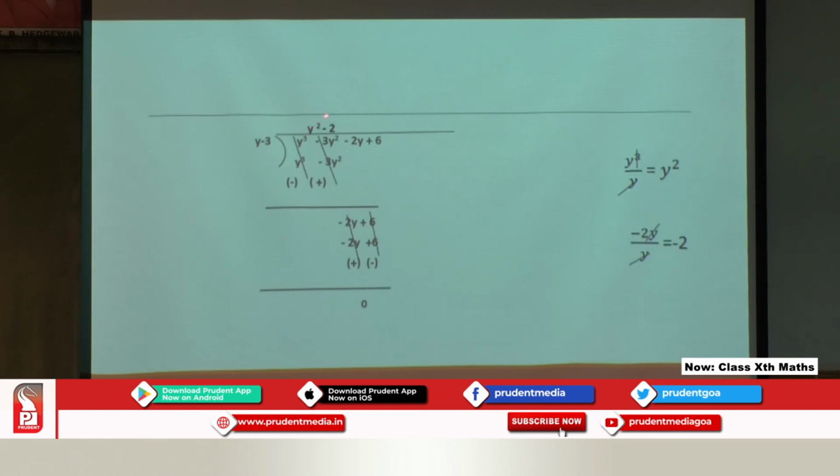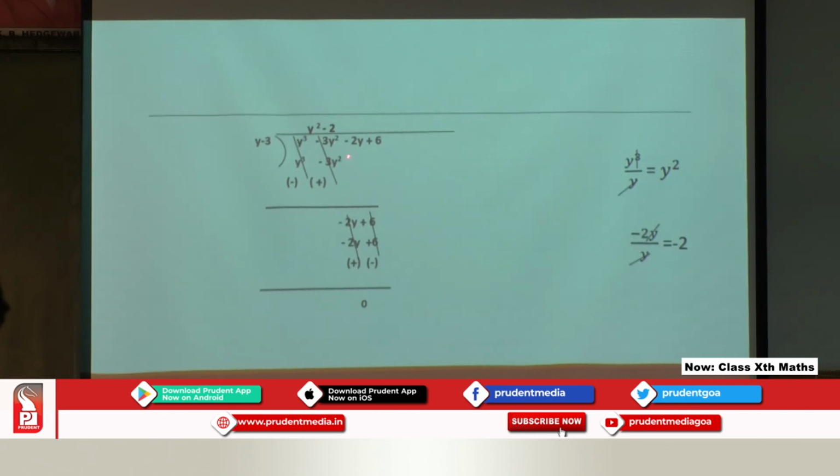Next, we should multiply this y square into the entire divisor. So, y square into y, that is y cube, y square into minus 3, that is minus 3y square. Again, changing signs, positive changes to negative, negative changes to positive. This term cancels and this term also cancels, here we got 0.